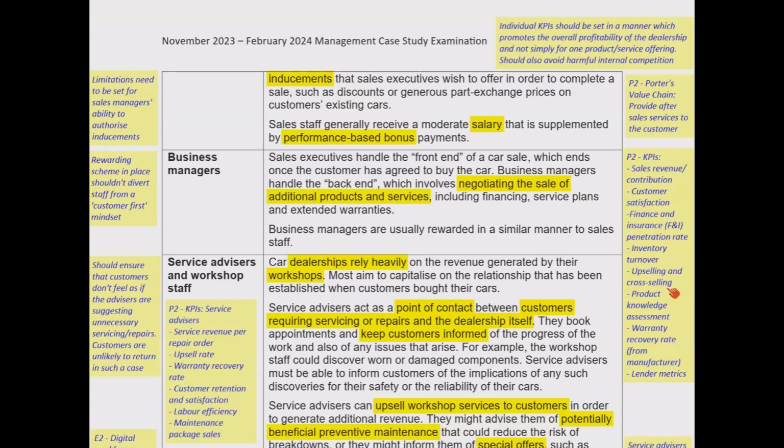To what extent are they successful of selling these extra things? Their ability to sell finance and insurance. So what proportion, for example, of new car sales do they successfully manage to sell a finance arrangement for? So make sure you think about the relevant KPIs here.